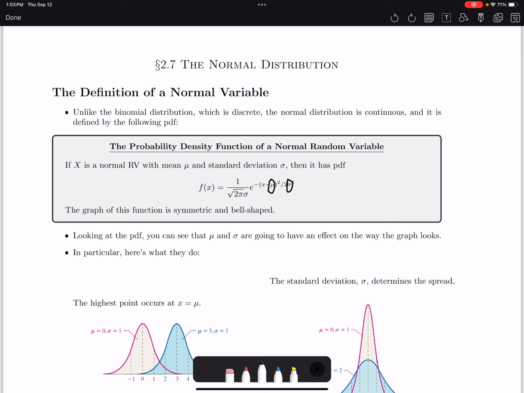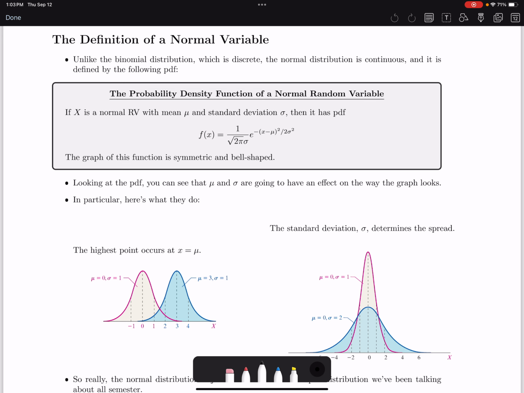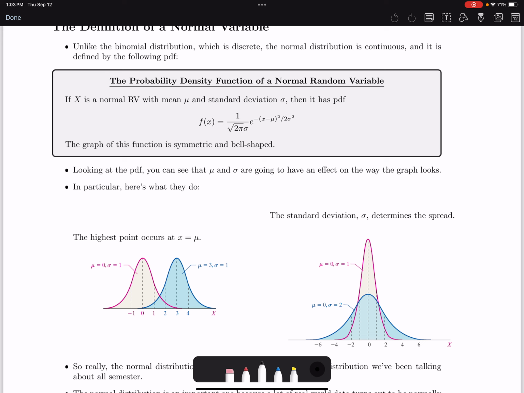They uniquely determine the way the graph is going to look. And so that's why we spent so much time in Unit 1 talking about means and standard deviations, right? Because they're going to continue to pop up all semester. As I said, they uniquely determine the shape of a normal distribution.